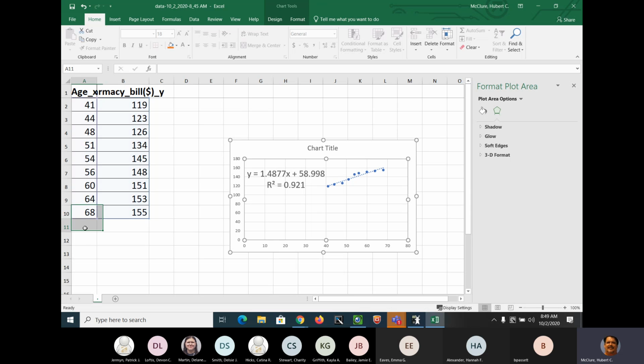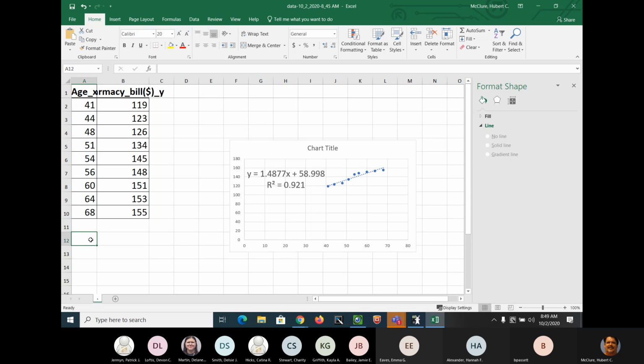And R equals 0.921 raised to the 0.5 power. And let's see what the calculator got.